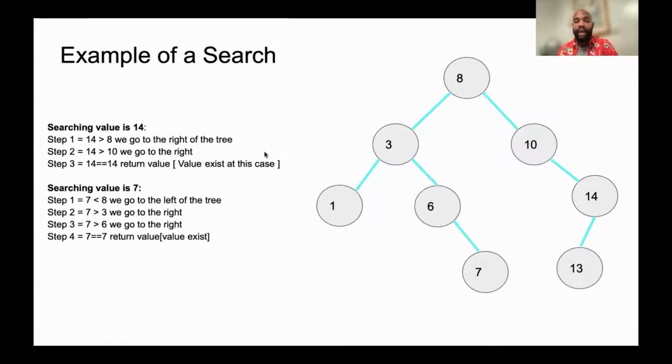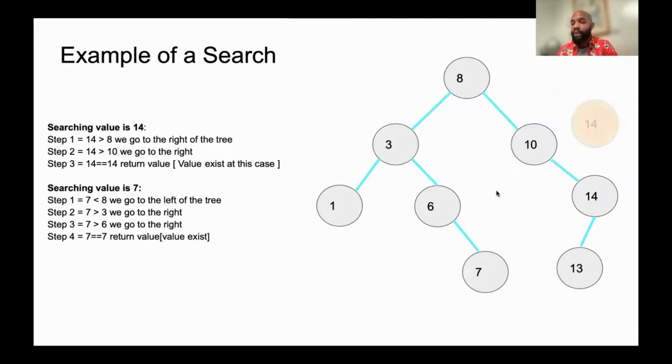And what that looks like is if we were to search with the number 14, we would compare 14 to 8, and we would know that 14 is a greater value, so we would move to the right, negating everything on the left. So we would not have to focus on any of the left side. So already our tree is cut in half.